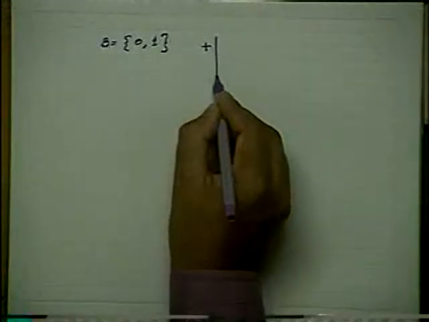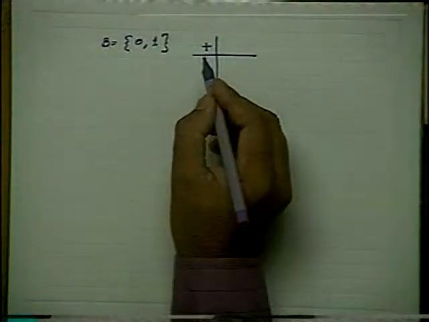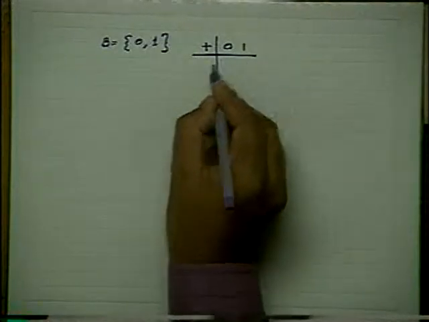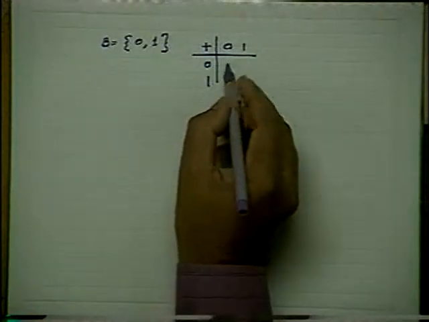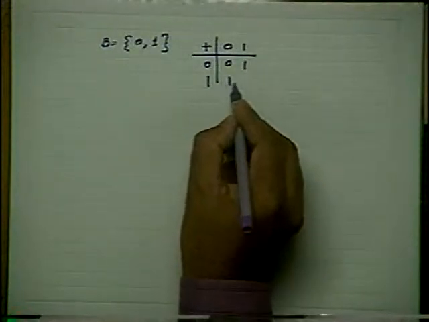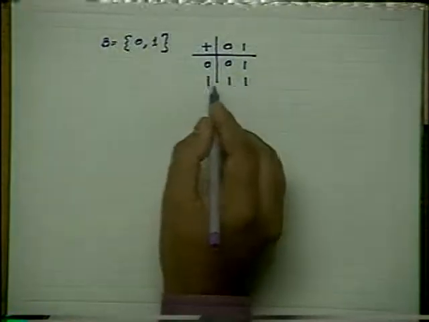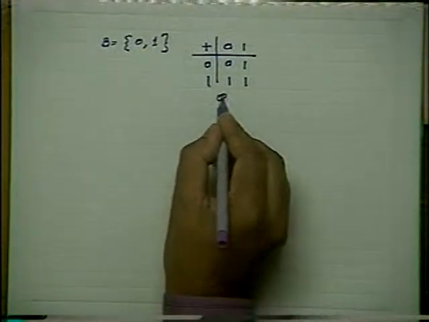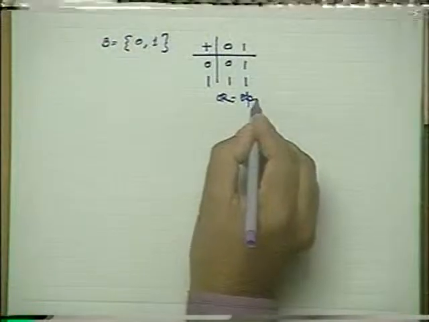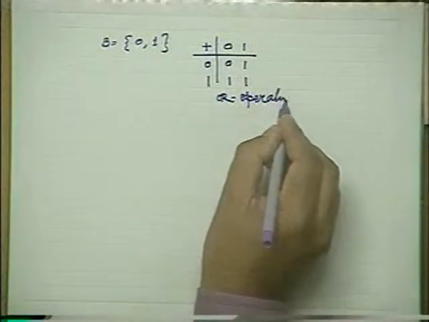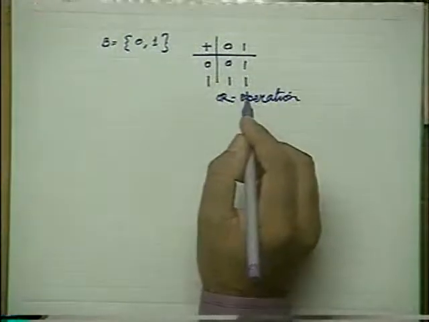Therefore, B equals 0 and 1, and of the two operators that we define, plus we call an OR operation.